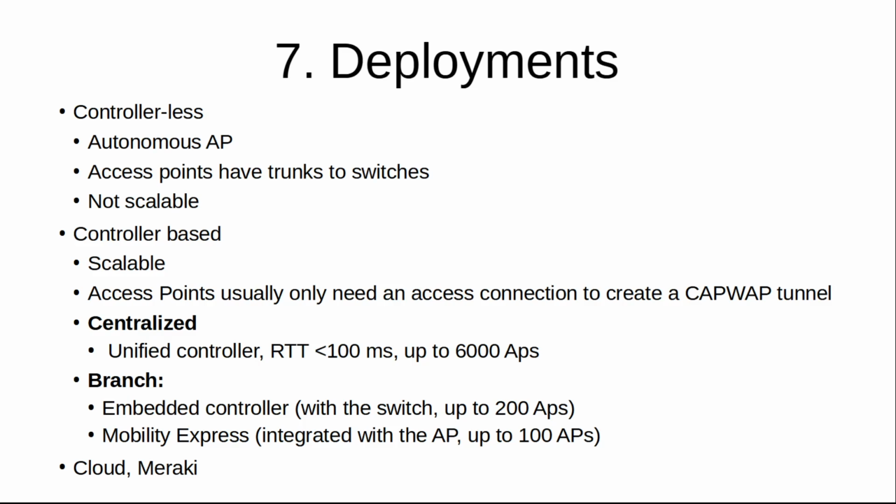Or for your branches, you can choose to have an embedded controller. That means that the wireless controller is embedded in the switches, or the Mobility Express solution, where one wireless controller is embedded in one access point. You can also choose the cloud deployment type, which will involve using Meraki.